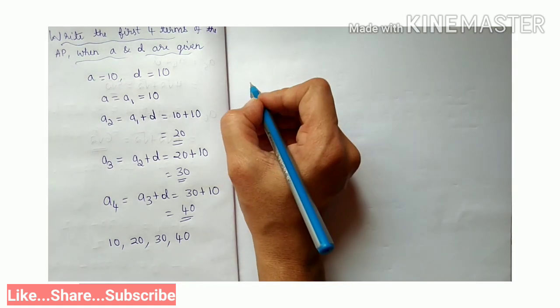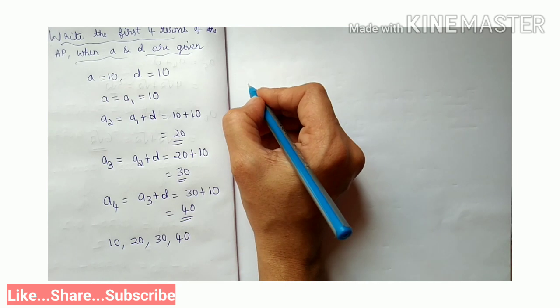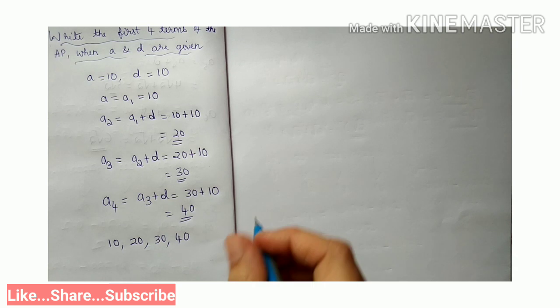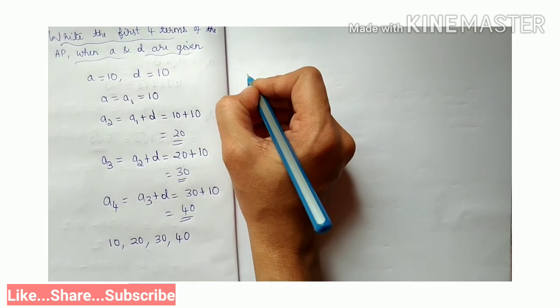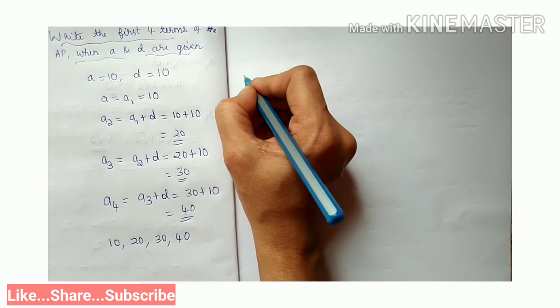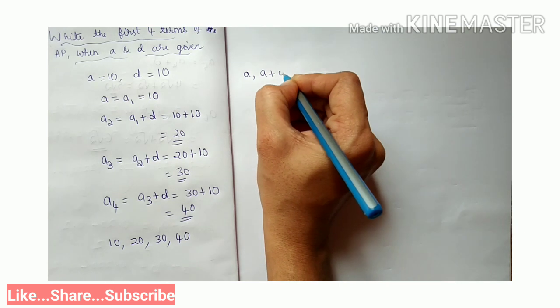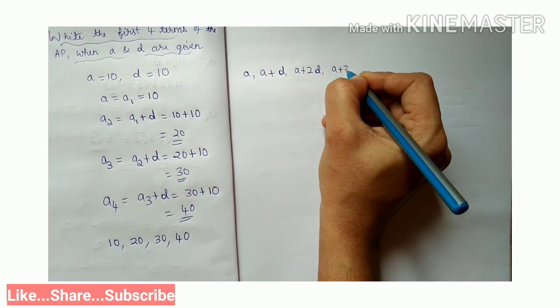We can solve this using the general form of an AP also. General form: A, A plus D, A plus 2D, A plus 3D.